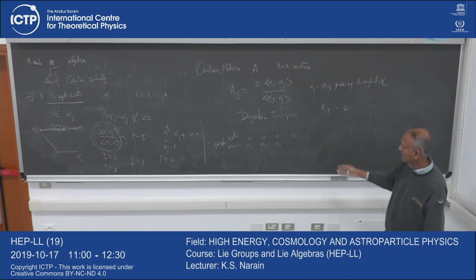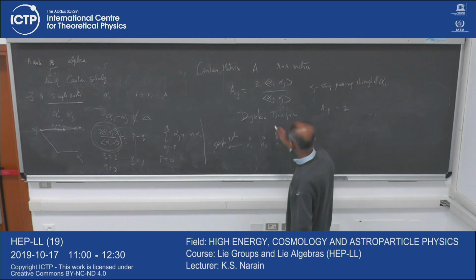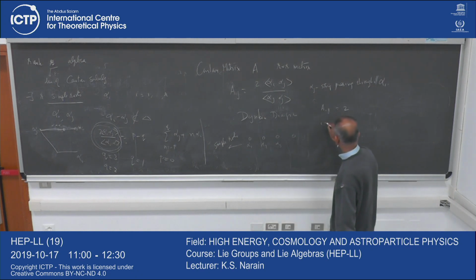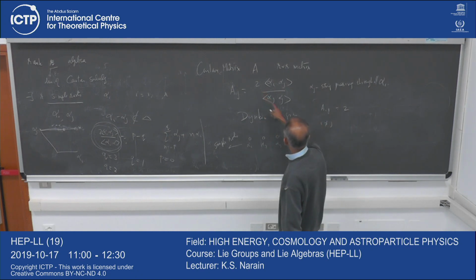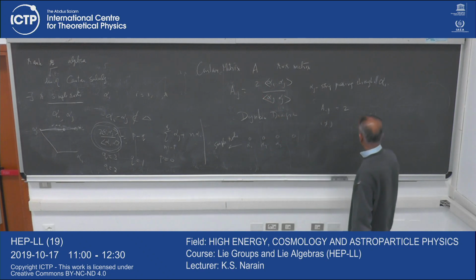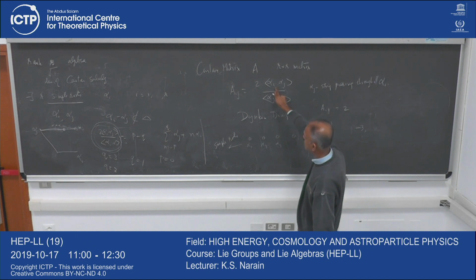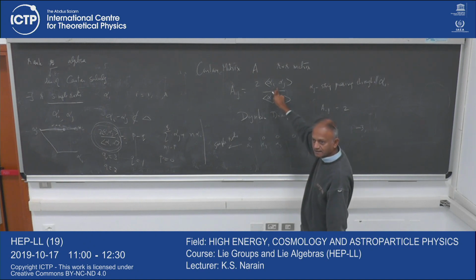So for i not equal to j, this number, as we have seen before, is for simple roots, where the dot product is negative.